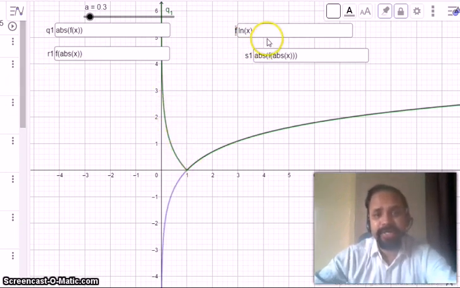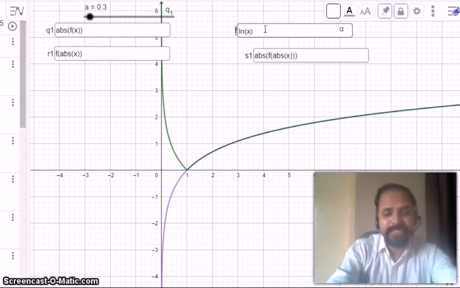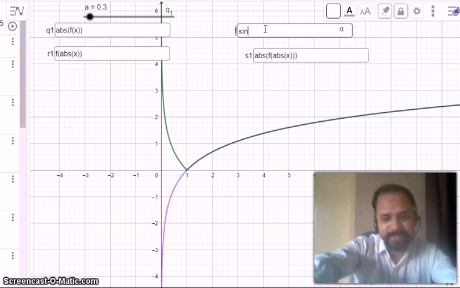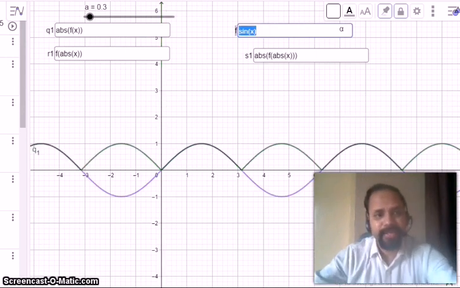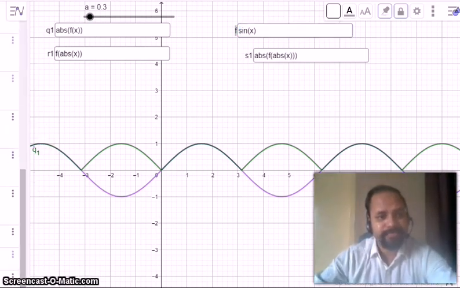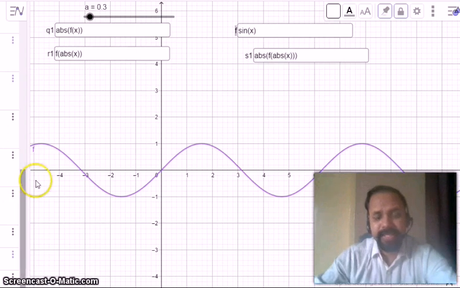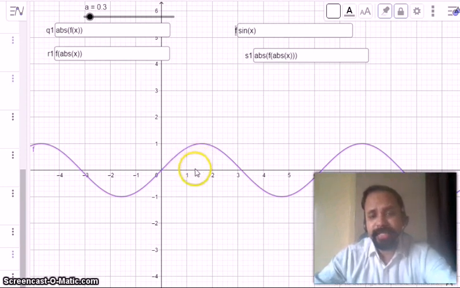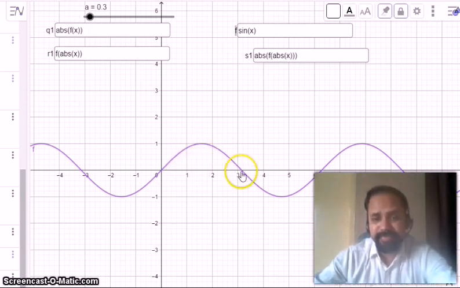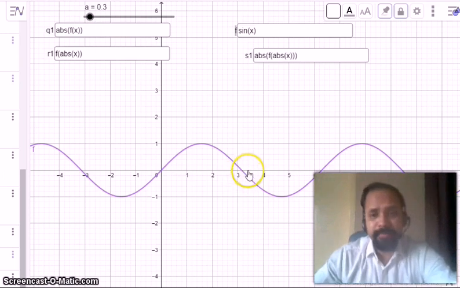If we consider any other function, let us consider sin x. This is the graph of sine, and what we have to do is leave the positive part of this sine, that means the part that is above the axis, and draw the image of the negative part.